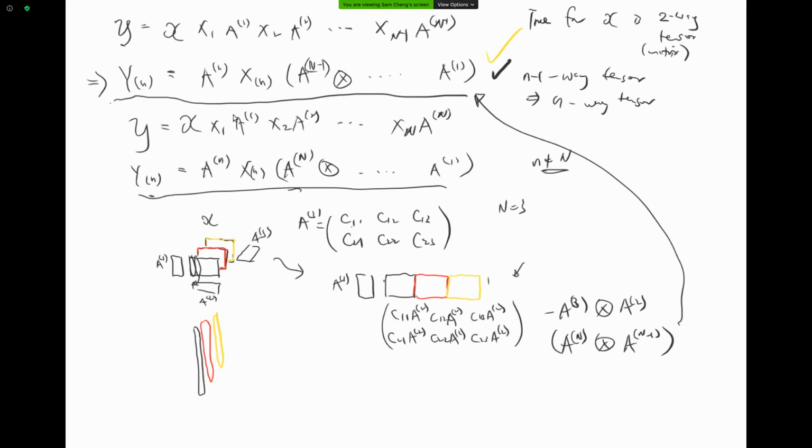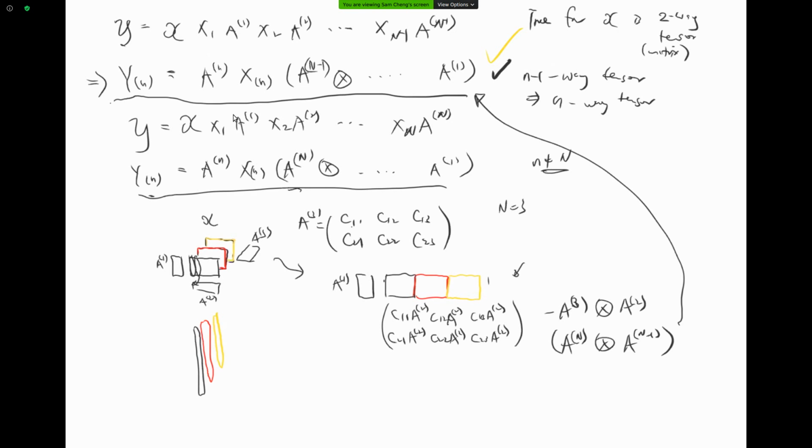Again, I will reduce this from an n-way tensor to an n minus 1 way tensor. And again we can use the assumption.